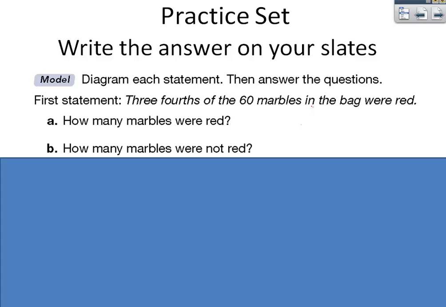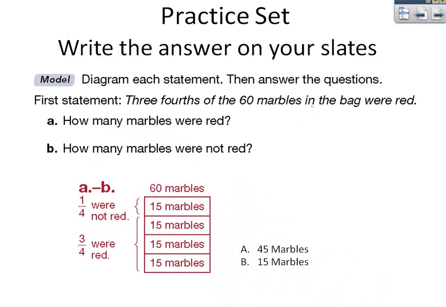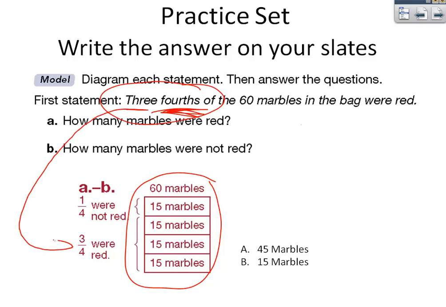Okay, let's take a look at it. So you should have set it up with four parts, just like this, because you should have focused in on the 3/4, and then here's the 4th. And then you know that three of those are the red marbles. 3/4 of the 60 marbles in the bag were red.